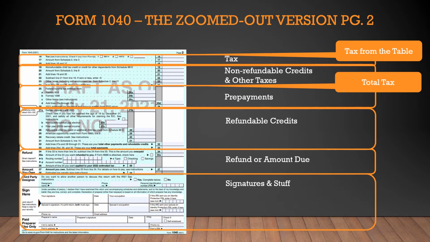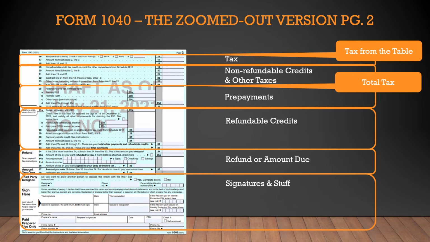So then you get to the line total tax. After that, you get to figure out what your prepayments were. And this is like when your employer was taking money out of your paycheck as you went. This is where you would put those amounts.